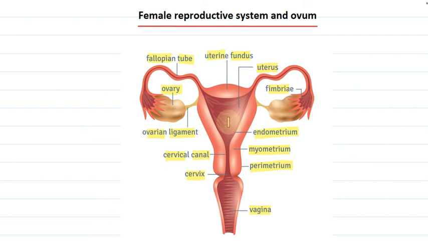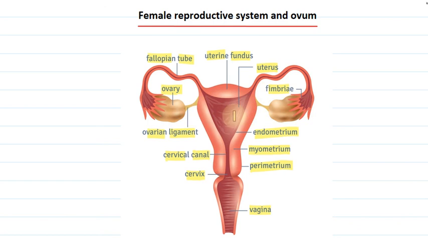Then we also saw fimbriae. Fimbriae are small finger-like projections present at the end of the fallopian tube and they connect to the ovary. Then there is the ovarian ligament, a fibrous ligament that connects the ovary to the lateral surface of the uterus.